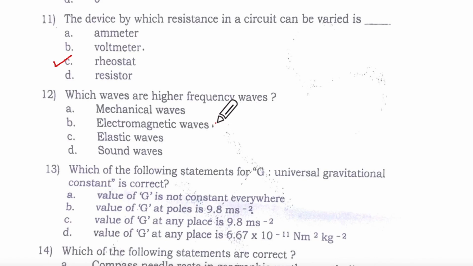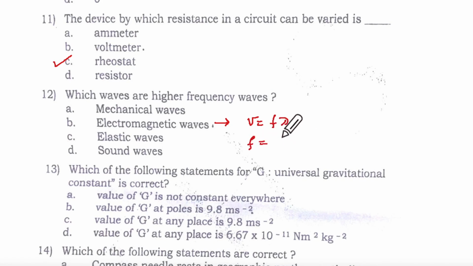Electromagnetic, they have... this you'll have to check in the textbook. I can't remember the numbers by heart. See, V is equal to F lambda for electromagnetic.